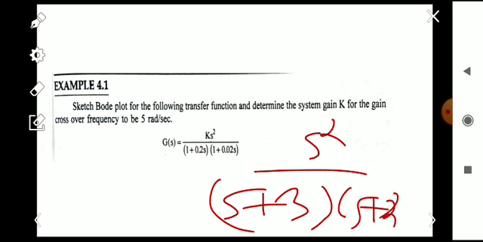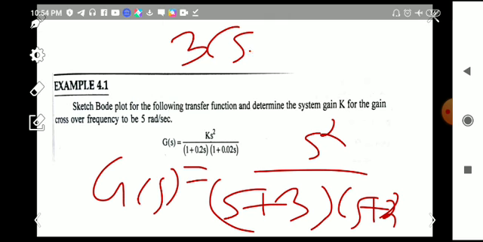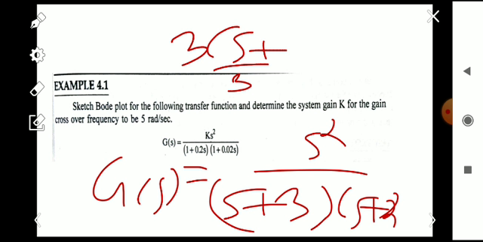In that case it is not in standard form, so we have to make it standard by taking the values 3 and 2 outside. Taking out 3 gives 3 into (s by 3 plus 1), and taking out 2 from the second term gives (s by 2 plus 1).